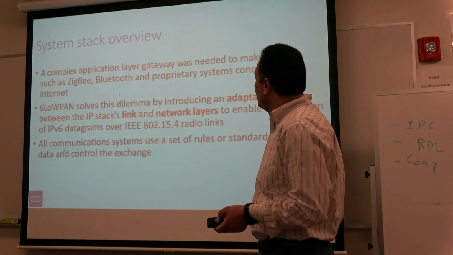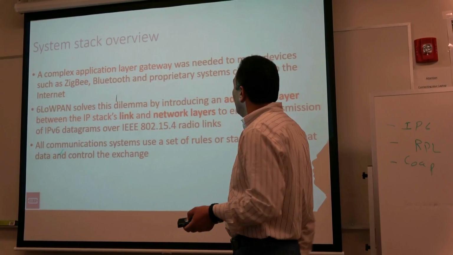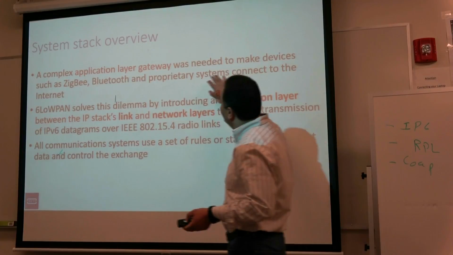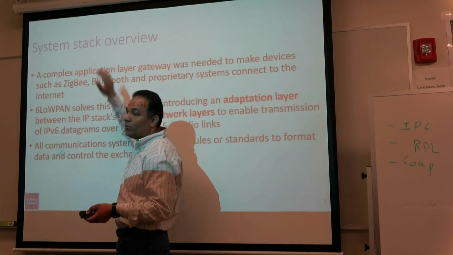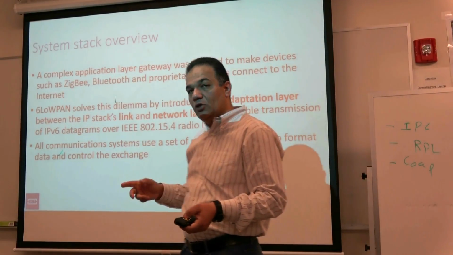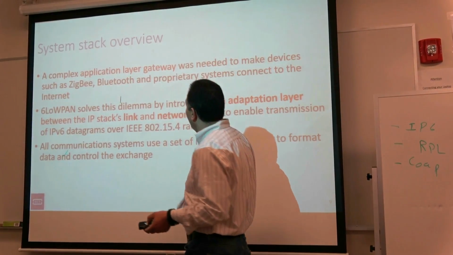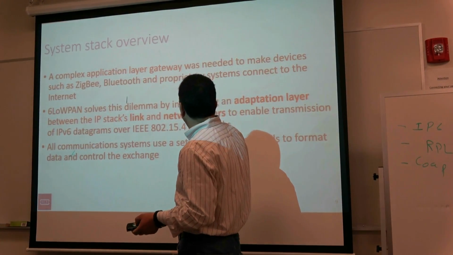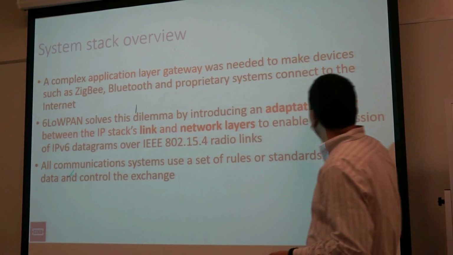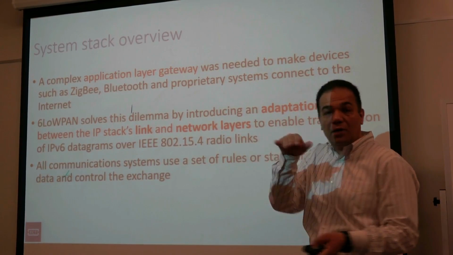A complex application layer gateway was needed to make devices such as Zigbee and Bluetooth connect to the internet. For these devices, we needed to have a certain application layer. So Bluetooth needs an application layer, all right? And 6LoWPAN, we don't have to have that. Why? Because it has something called an adaptation layer between the IP stack, between the IP layer.